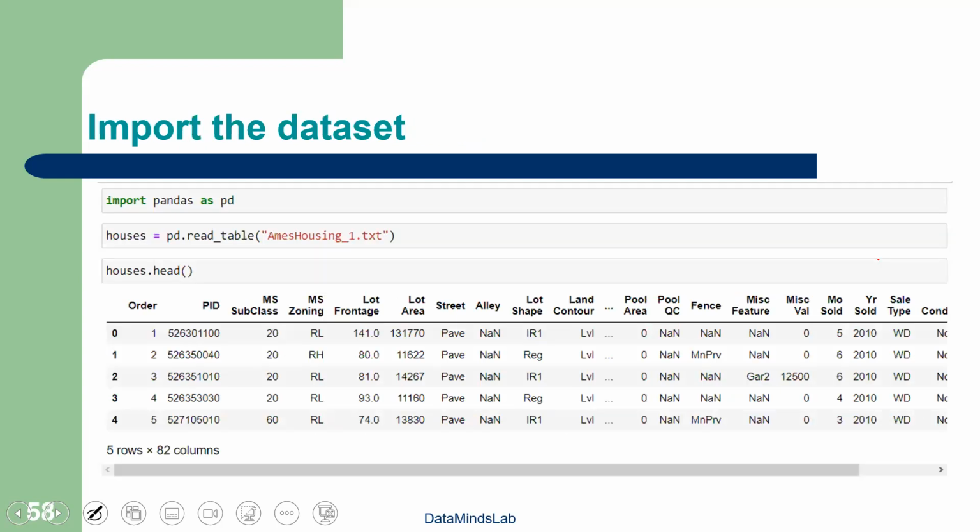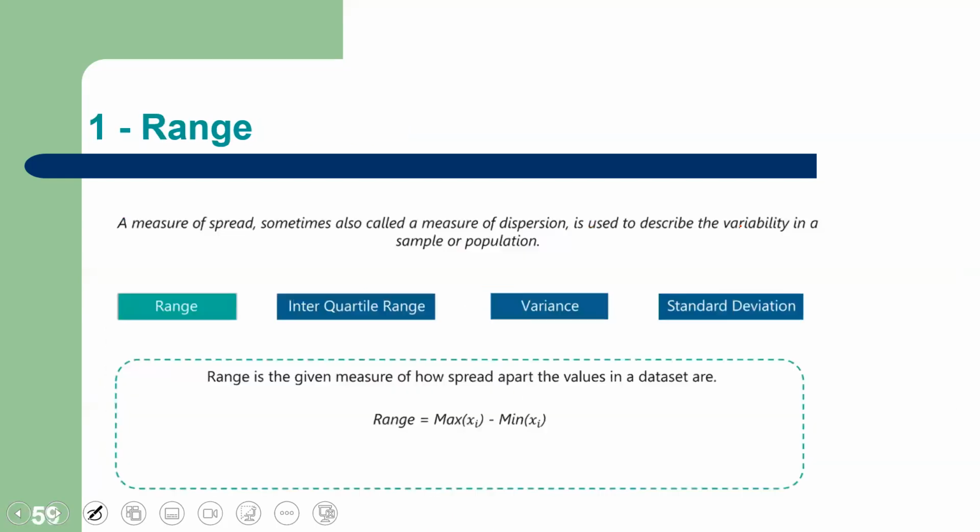See here, the Ames housing .txt file, which I have already imported. I showed you this data set earlier also. As I said, there are 82 attributes in this data set. Now let's take the range.